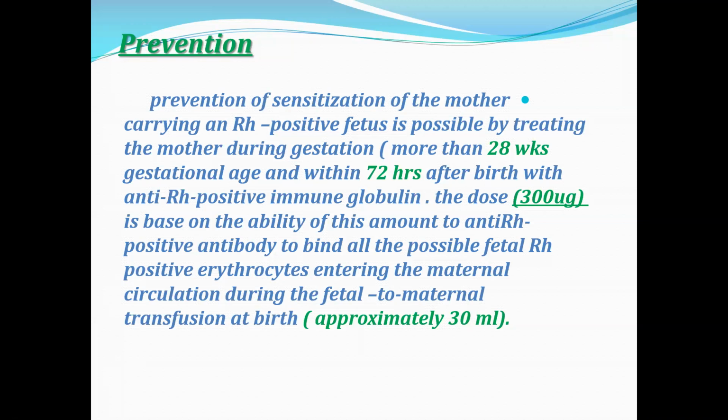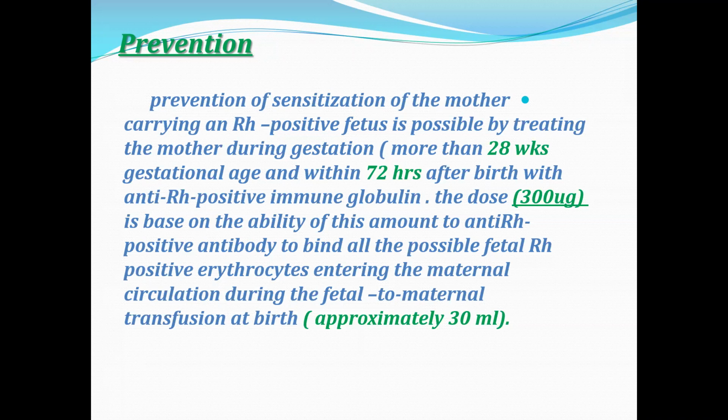So, giving this type of medication is to attack any erythrocytes from the fetus that enter the mother's circulation, and so we have an antigen antibody reaction, then they are removed by the spleen.